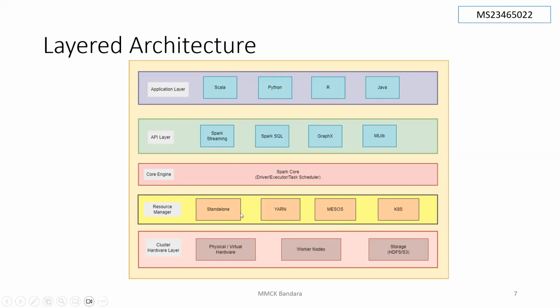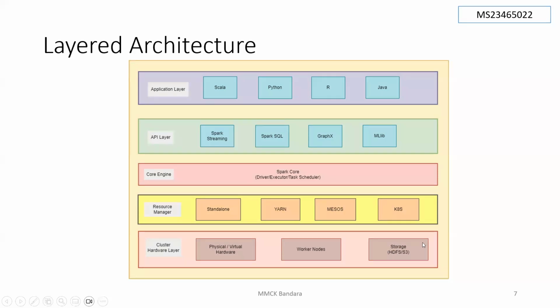At that level, we can use the standalone cluster manager that exists in Apache Spark itself, and in addition to that, we can use YARN, Mesos, or even Kubernetes for better performance than the standalone cluster manager of Apache Spark. The bottom level is the physical or hardware layer, with worker nodes and storage.